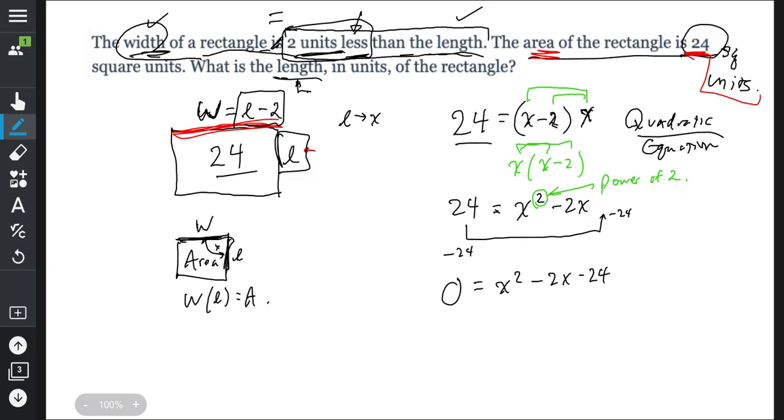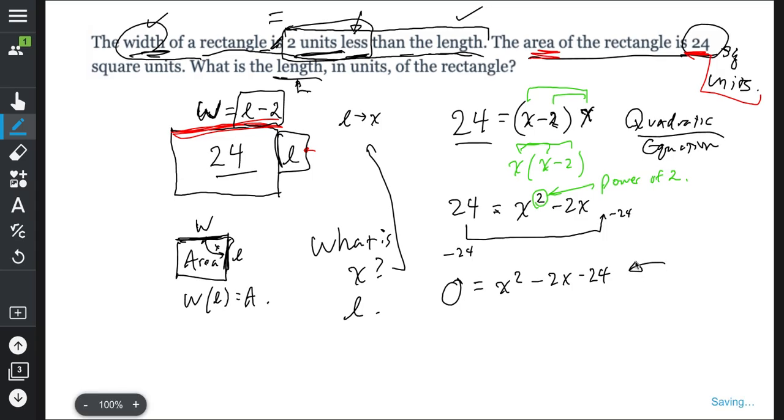Our goal is to solve for X. What is X? That is what L is. I like writing with X instead of L. So we're going to find out what X is by solving this equation. And you know how we're going to solve it? We're going to figure out two binomials and use the X method.